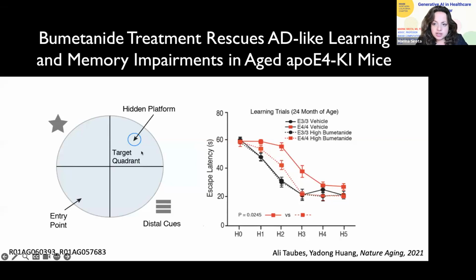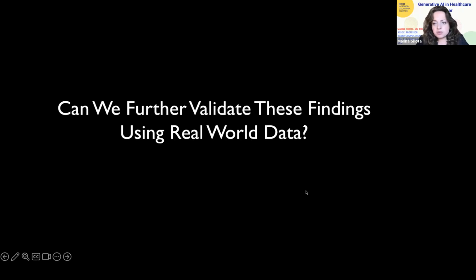What we measure here is escape latency. This graph shows that with treatment with bumetanide, even ApoE44 animals, who have some delays, go back to normal after treatment.